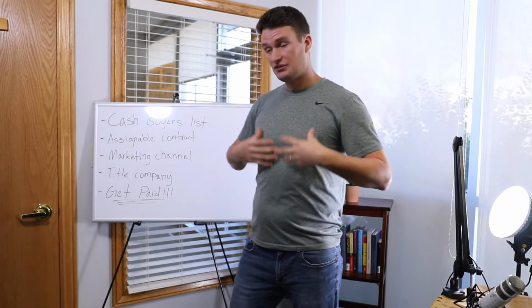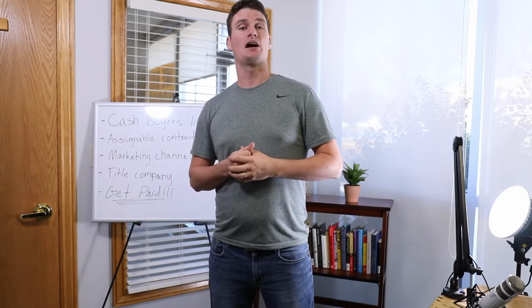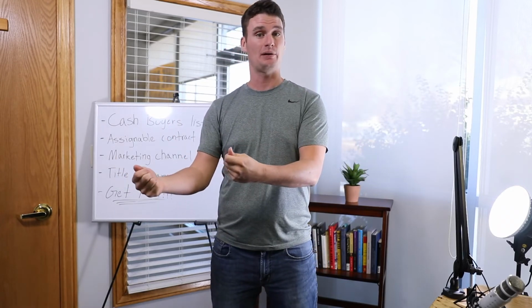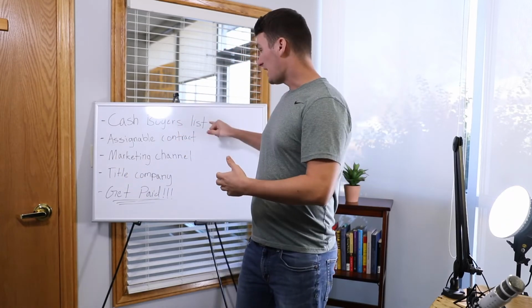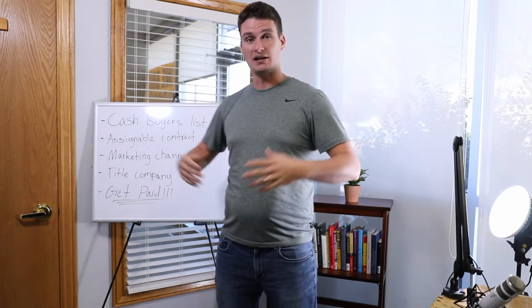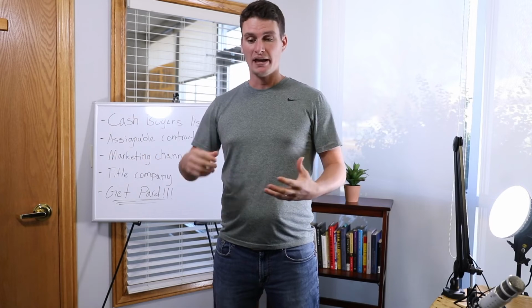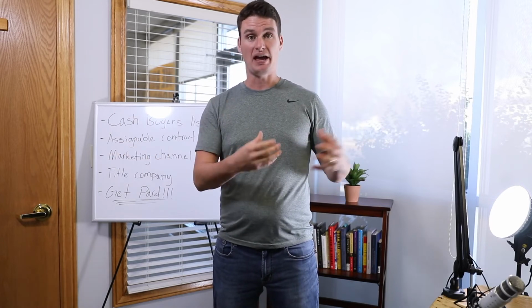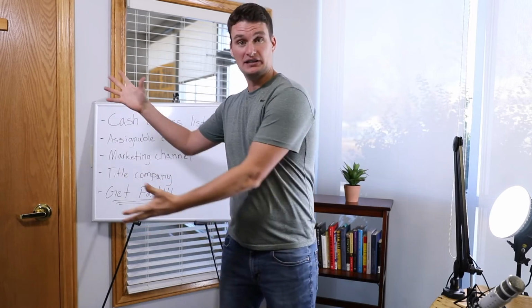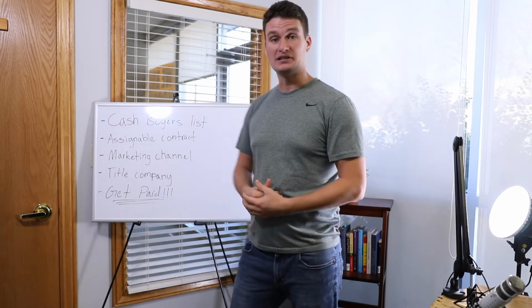But once you have done the marketing, you find someone that wants to sell for speed and convenience, you have the purchase agreement, you get them to sign the purchase agreement, you then send it to your cash buyers list, right? So you have everything lined up, send it to your cash buyers list, you have a buyer on board, he signs an agreement to pay a certain amount for the purchase agreement. You then take all of that paperwork and you take it to a title company.